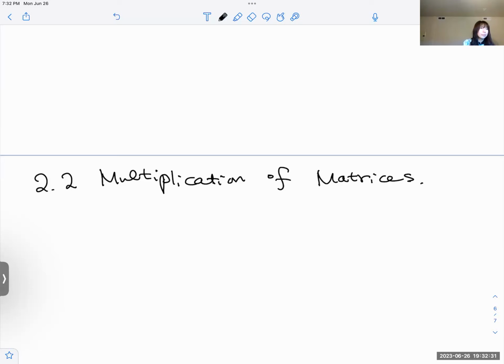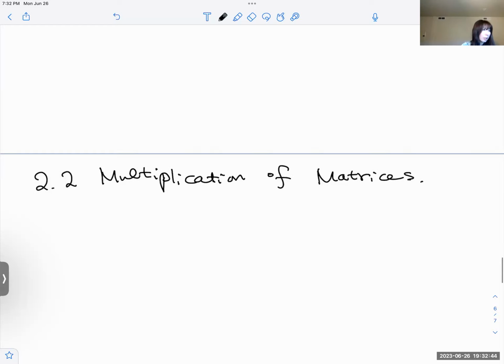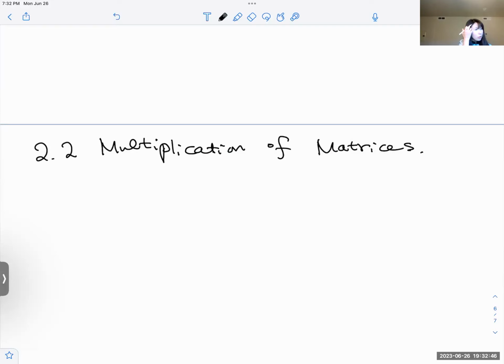Okay, so we have matrices, right? Then we have the n by 1 or 1 by n matrices, and we call them vectors. So let me write down vectors first.